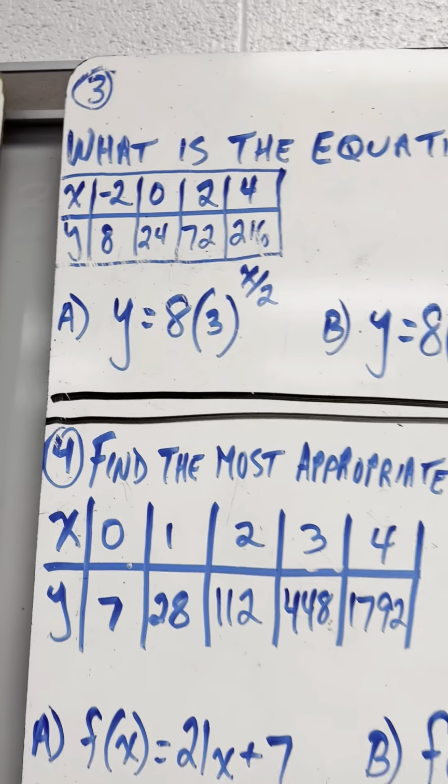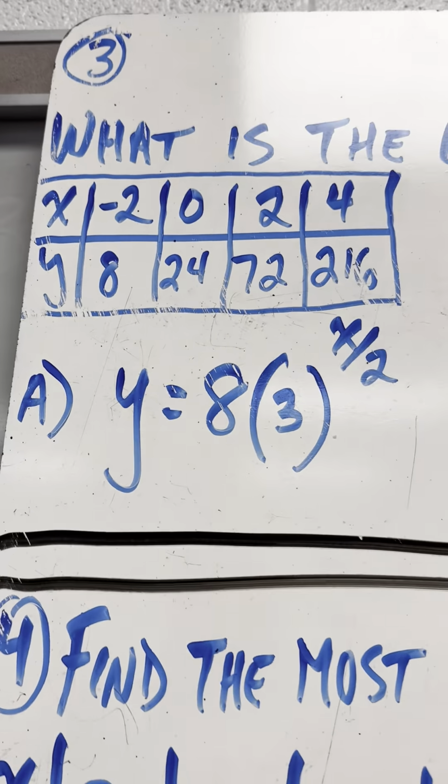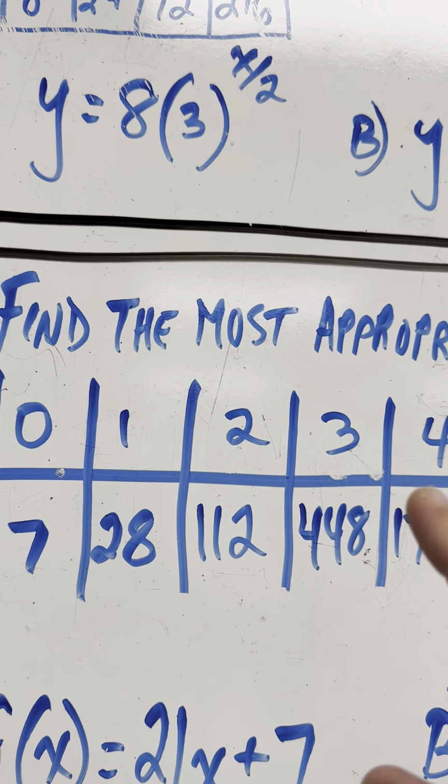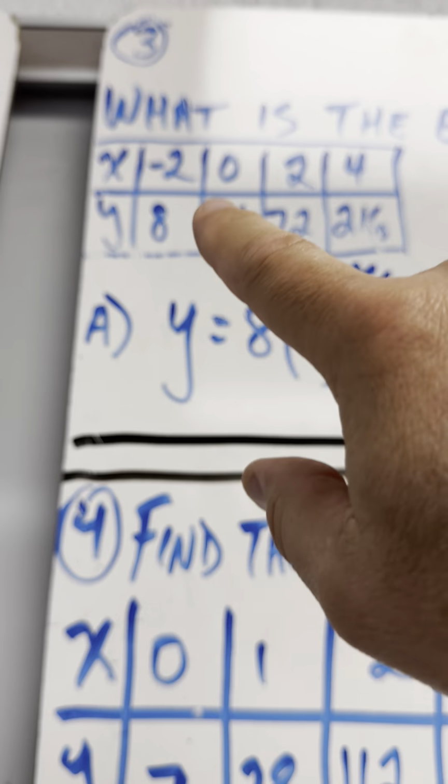So now look at this one. In this one, notice how we go negative 2, 0, positive 2, positive 4. Now, in the last one, we went 1, 2, 3, 4, add 1, add 1. Because it's add 2, add 2, add 2, your exponent is going to be x divided by 2.